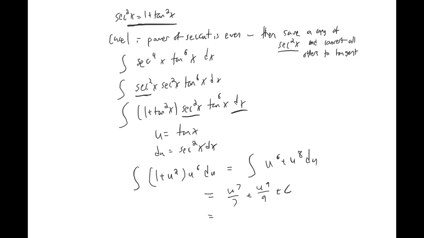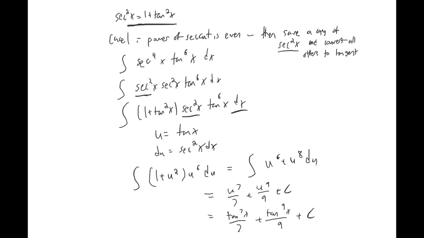And then what was u? u was tangent, so tangent to the 7th x over 7 plus tangent to the 9th x over 9 plus C. Everyone clear? It's pretty much the same idea as the sine and cosine odd case. You're just reserving a copy of whatever the du is.